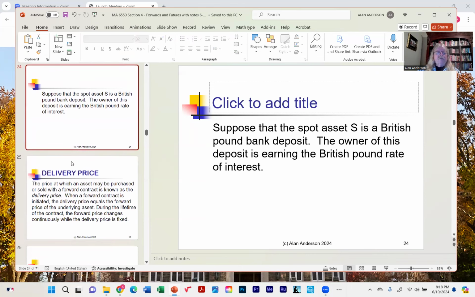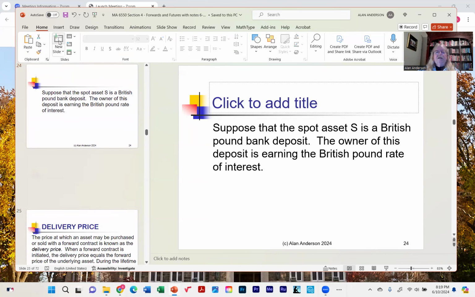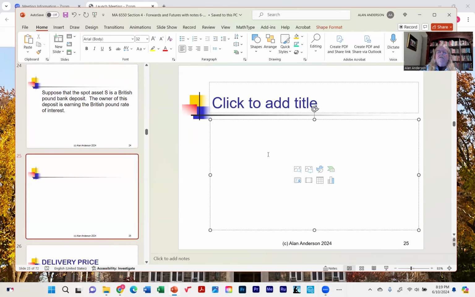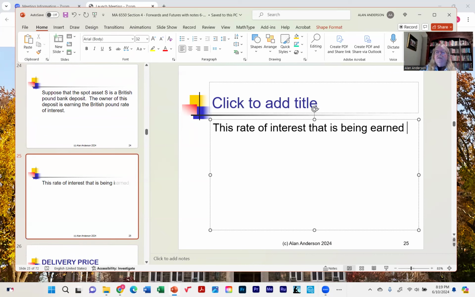In fact, we'll need a little detour for this too. The rate of interest that is being earned is coming from the euro currency market, which is not exactly risk-free, but very close to it.